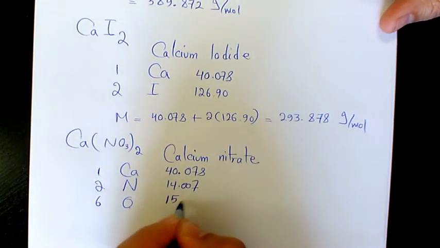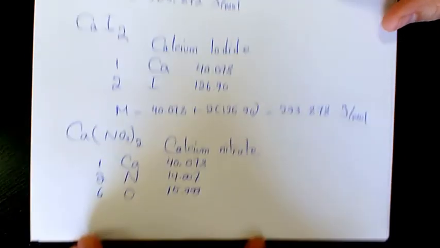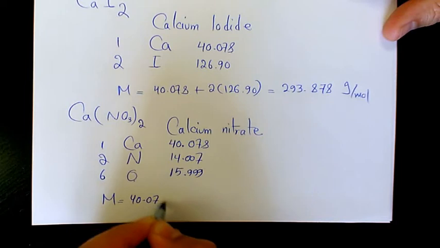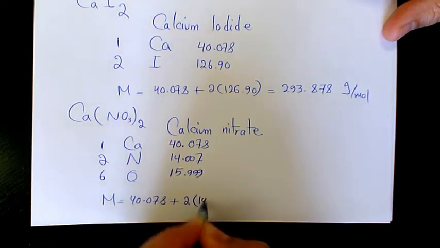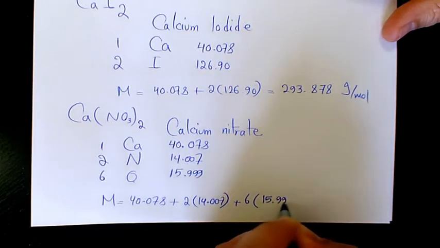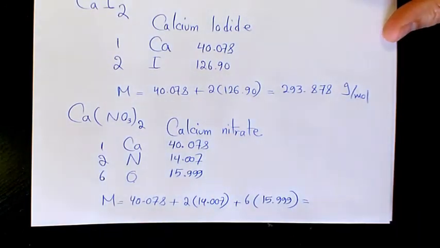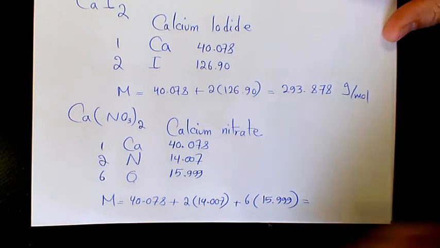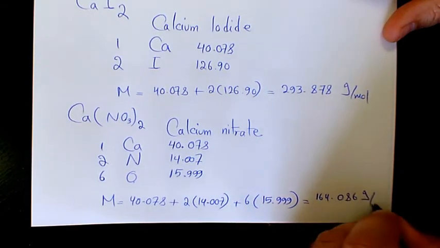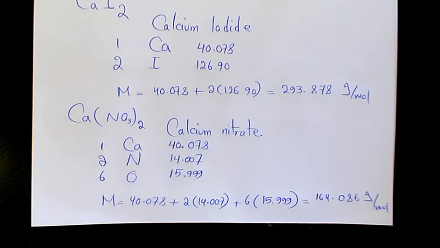Oxygen is 15.999. M is going to be 40.078 plus 2 times 14.007 plus 6 times 15.999. That gives 164.086 grams per mole. That's the molar mass of calcium nitrate.